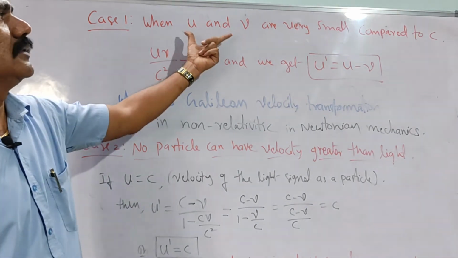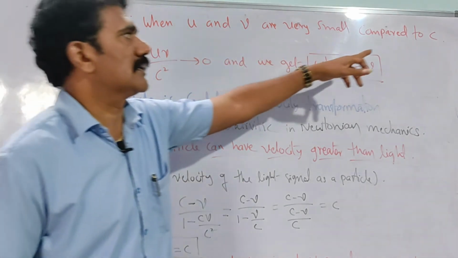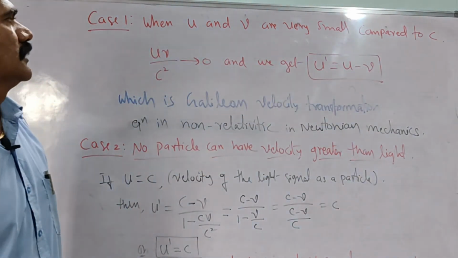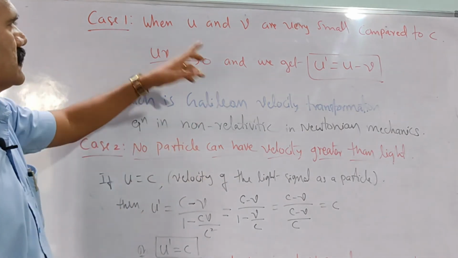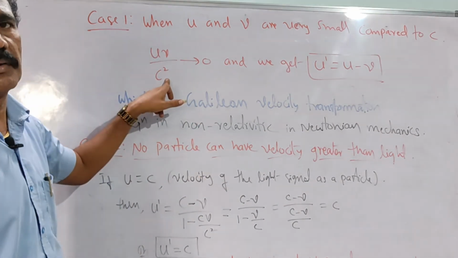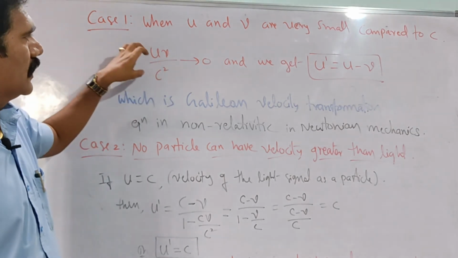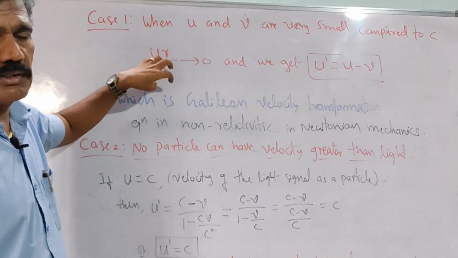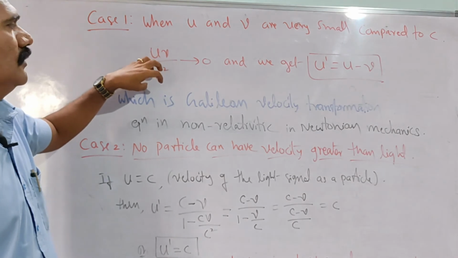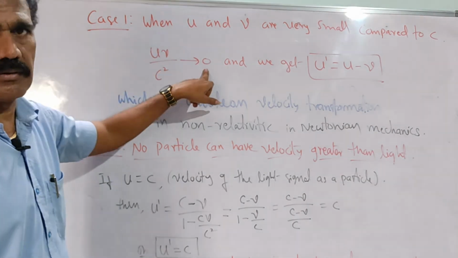So normally they should be very small compared to the velocity of light c, correct? Then with that condition, in the above equations, uv by c square is there in the term, so both u and v are very small compared to c, so you can ignore that numerator compared to the denominator c square, so it is tending to 0.